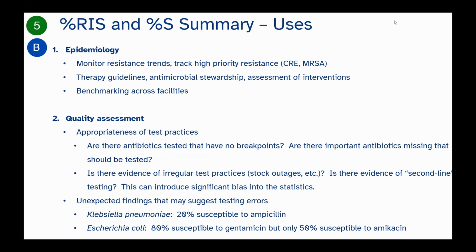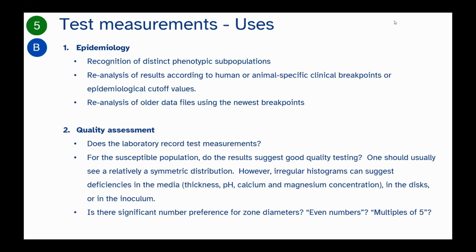Amikacin is typically more susceptible than gentamicin. What is the value of the test measurements, such as the disk diffusion measurements or the MIC values? From the perspective of epidemiology, we can recognize distinct phenotypic subpopulations with high-level resistance, moderate resistance, borderline susceptible, or highly susceptible.